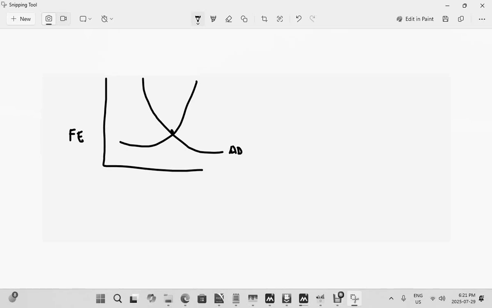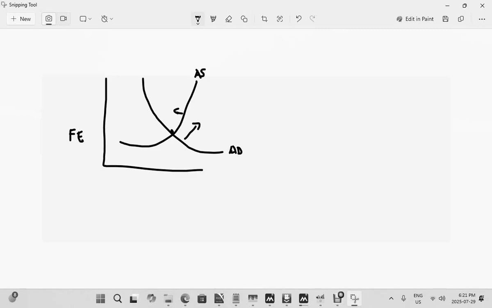This demand curve will move to the right. However, we won't draw the demand curve yet, because your supply curve will move to the left. Just as your demand curve moves to the right, your aggregate supply curve moves to the left.